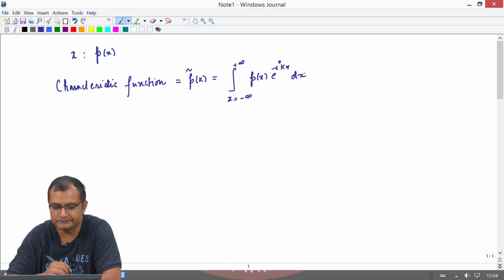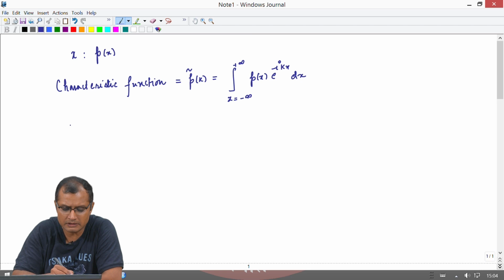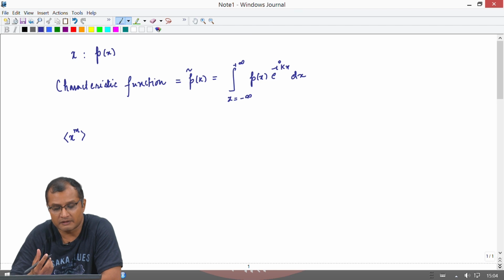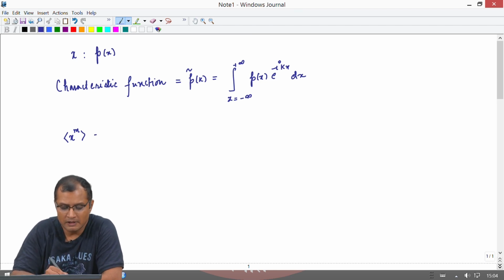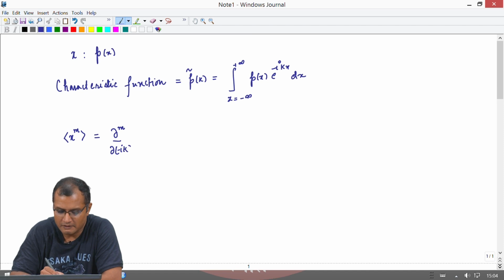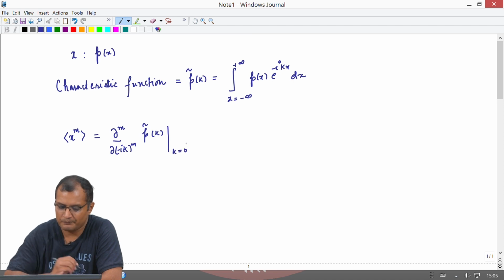And this provided us with a very powerful tool that we could compute any mth moment of the random variable, which refers to the average of the mth power of the random variable, as nothing but the mth derivative of the characteristic function evaluated at k equal to 0.